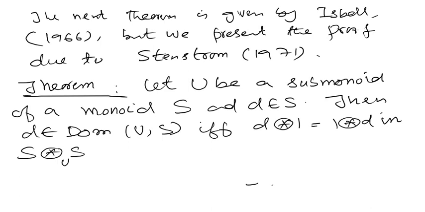So this is the if and only if part, and we prove only one part. We prove that if D tensor 1 is equal to 1 tensor D in the tensor product S tensor S over U, then we will show that D is in the dominion. Proof.